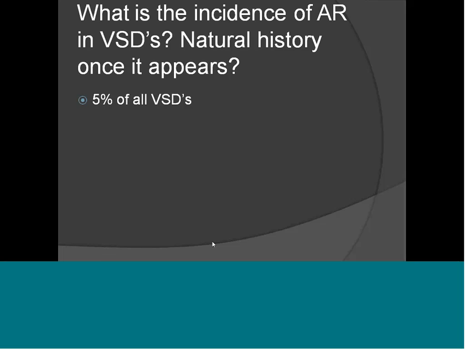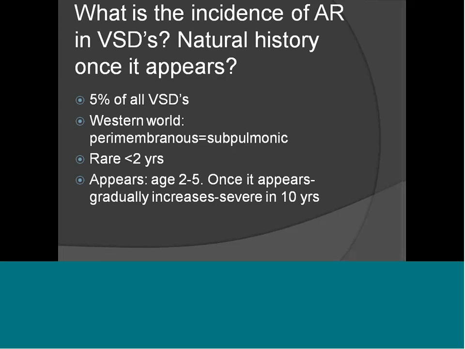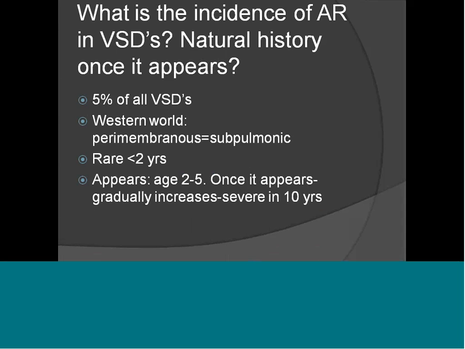Okay, that was a good educated guess, 2 to 3 years, but actually it's a very slow process. Once it appears, it will gradually increase and become severe in 8 to 10 years. So it's a slow process, though some can progress more rapidly. So you're not going to wait till it becomes severe and the valve gets totally damaged.